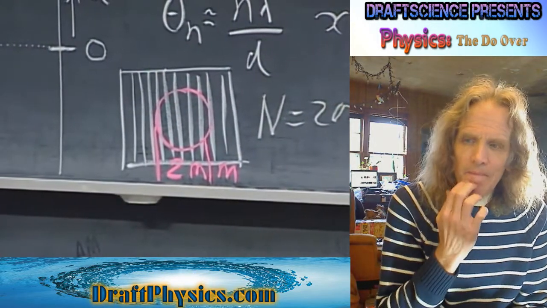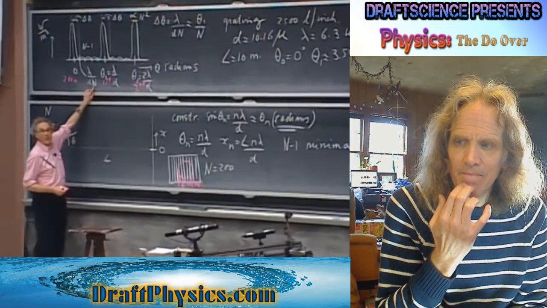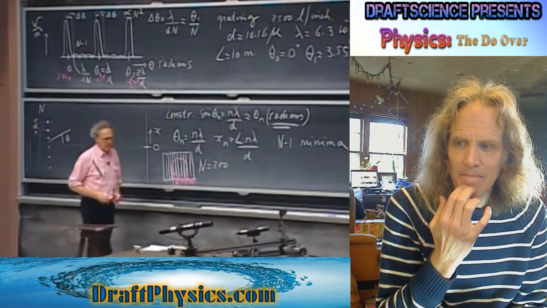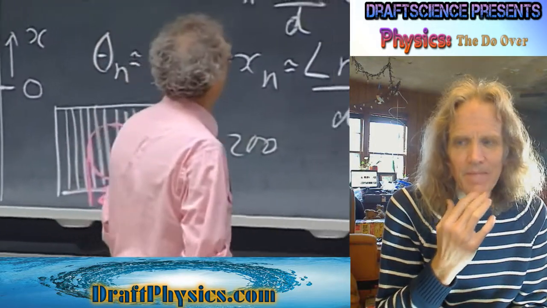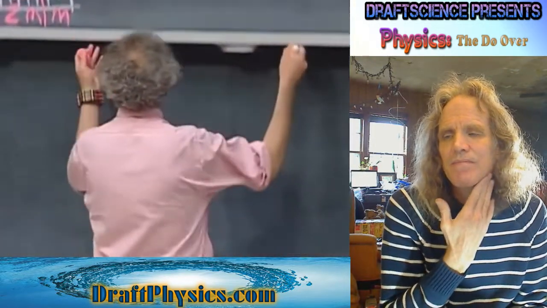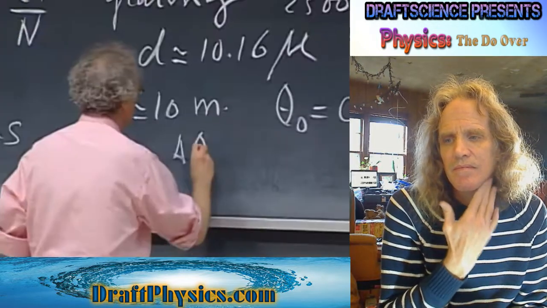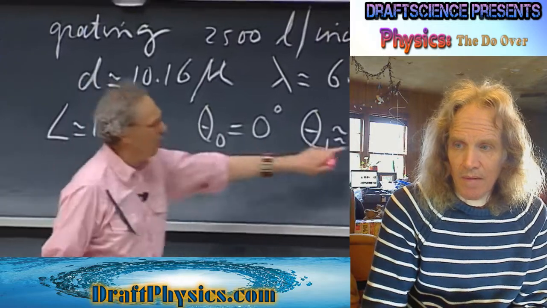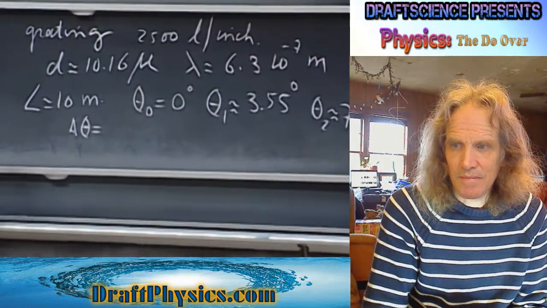And if I have 200 lines, I can now calculate how wide that line is going to be, because this factor of n enters into it here. And if I express that in terms of that angle delta theta, then the angle delta theta, going back here, is then the 3.55 degrees divided by 200. And that's an extremely small angle.